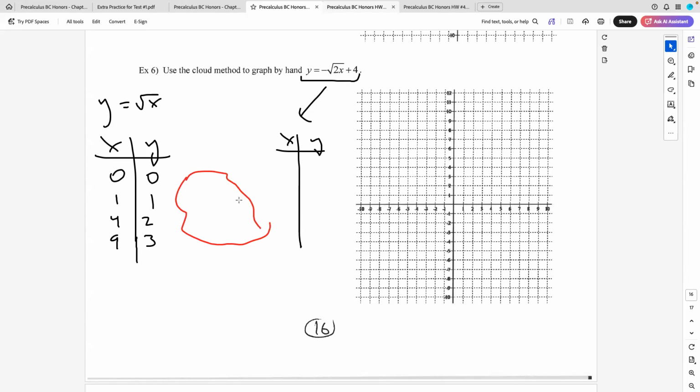Okay, so what are we doing to y, by the way? Yeah, you've got to multiply by -1 first and then add 4. And you've got to be very careful, because if you reverse that, you'll get the wrong location. x, only one thing's happened to x. Yes, x over 2. So 0, half, 2, and 9 halves.